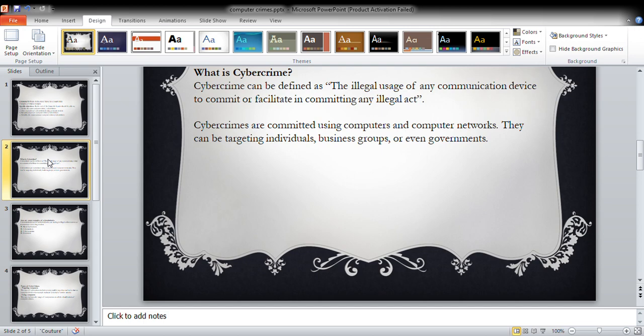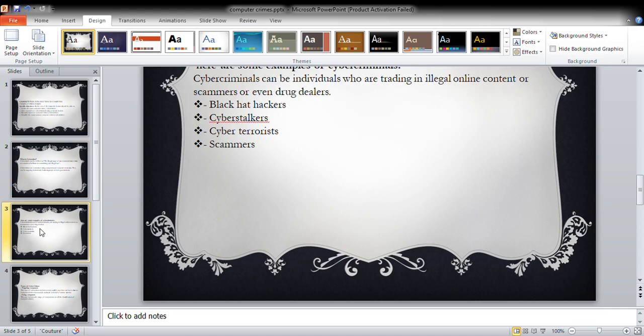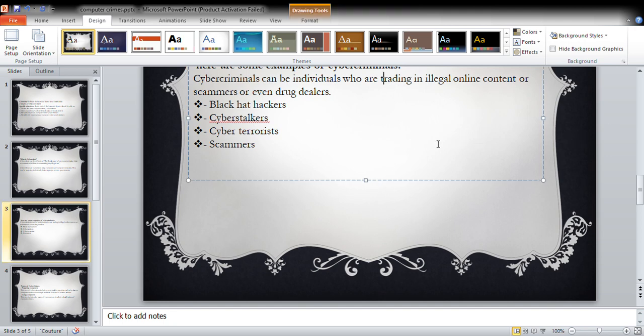They can be targeting individuals, businesses, groups, or even government. An example of cybercrime is identity theft, like when somebody fakes and pretends to be you. But we are going to reach there and we'll all understand what it means.